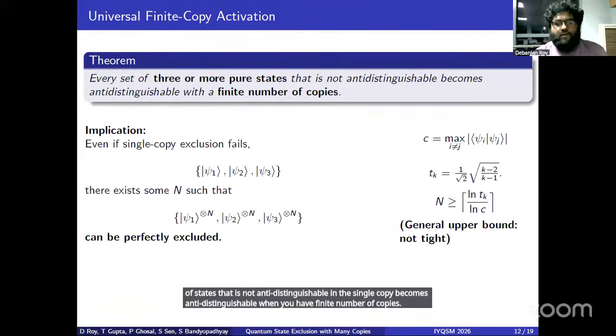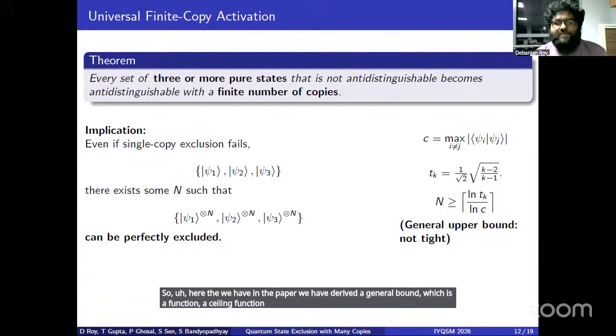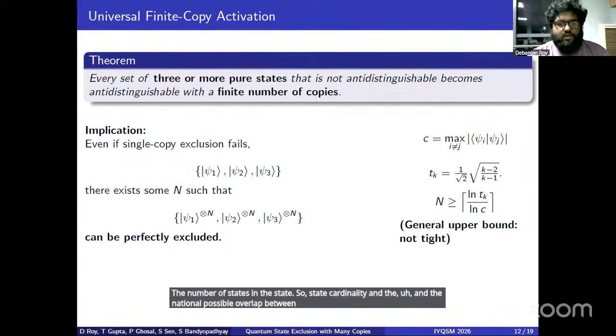In the paper we have derived a general bound, a ceiling function of the maximal pairwise overlap and a function of the number of states in the set, that is, the state cardinality and the maximal possible overlap between the states.